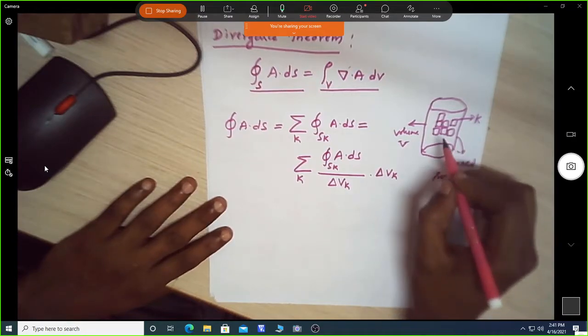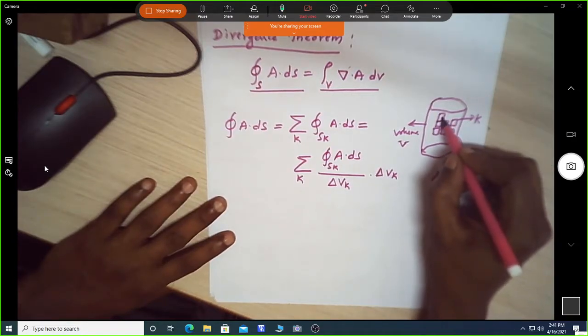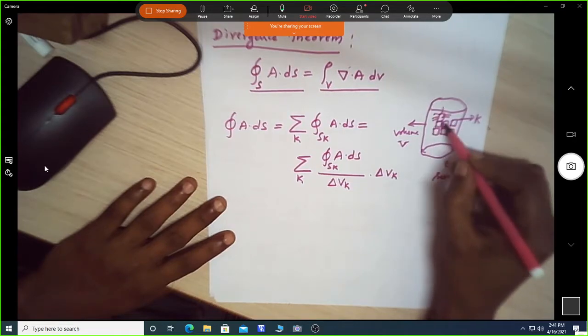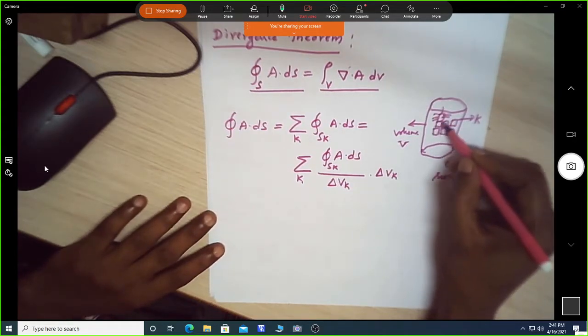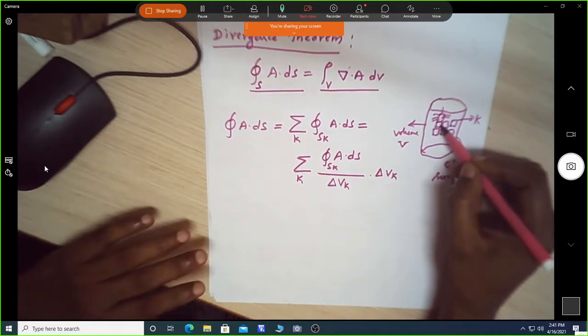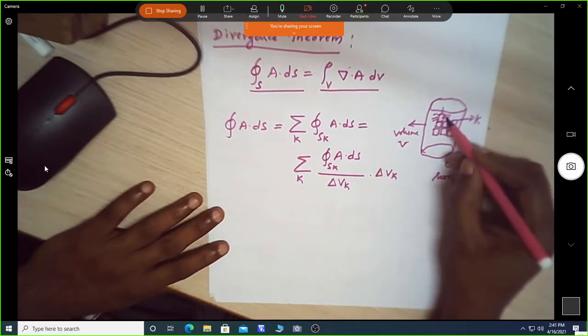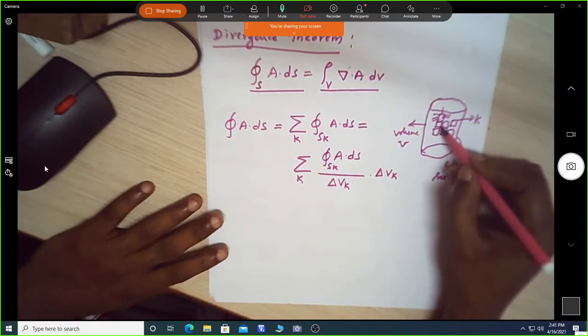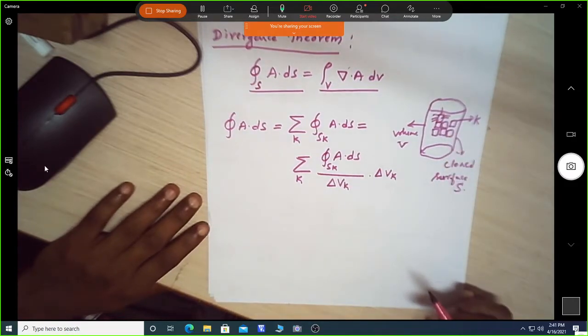Now we can see that the outward flow of flux from one small surface is inward to the next surface, is it not? If I take positive divergence for one cell, that becomes negative divergence for the other cell.